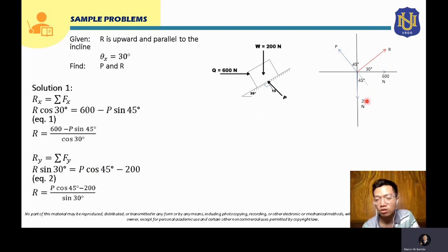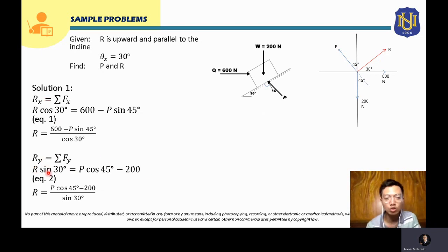For your 200 Newton force, since this is already a vertical force and directed downward, it will be negative 200. Your 600 Newton force is horizontal, therefore it will not be included in your summation for vertical components. Now this will become your equation 2.